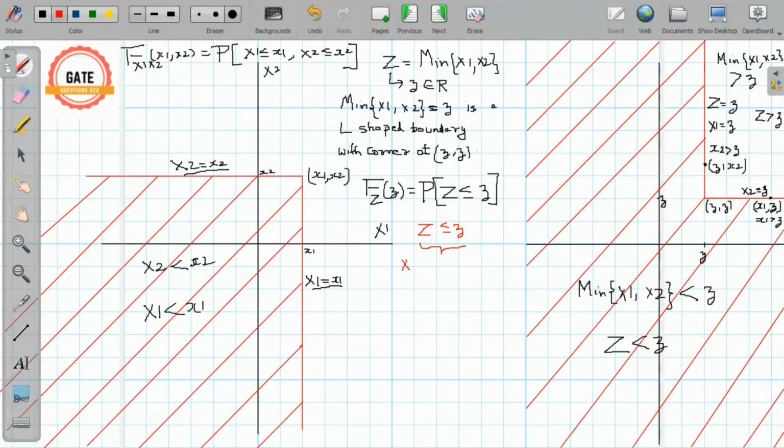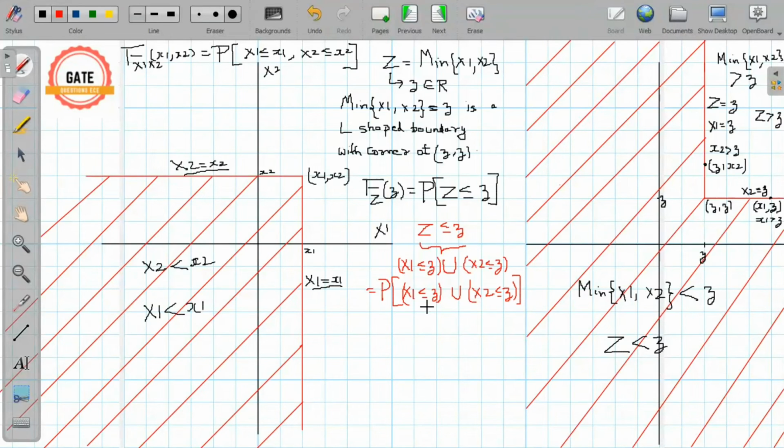One is that x1 is less than or equal to z, and the other is x2 is less than or equal to small z. So this region that I have drawn here is a union of these two regions. So we can write this probability will be equal to probability that x1 is less than or equal to small z union x2 is less than or equal to small z.